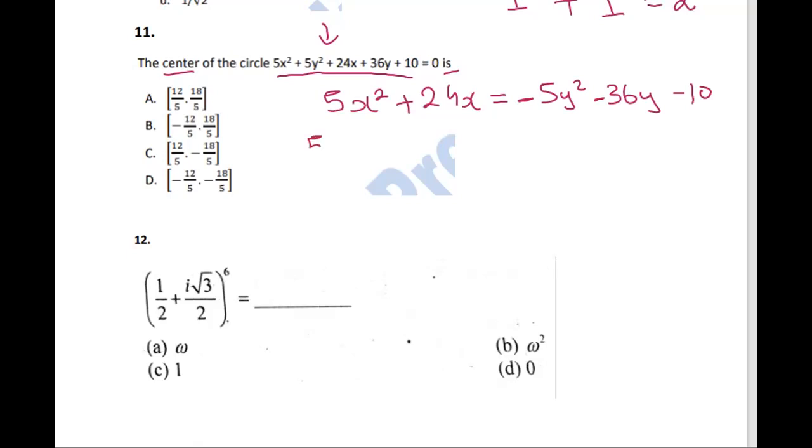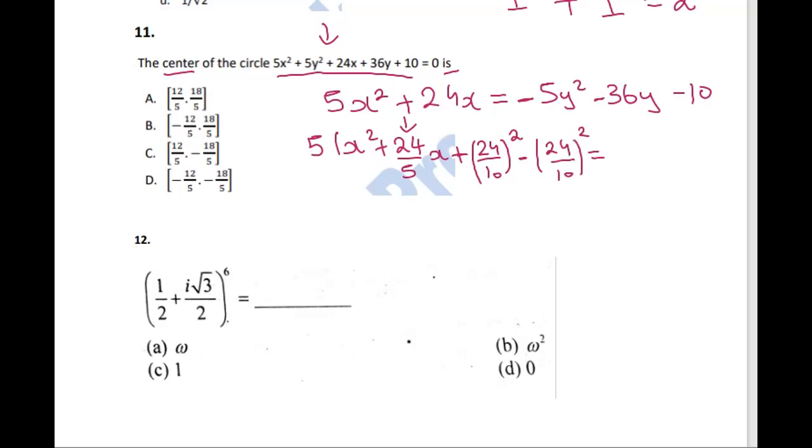I can take 5 common and I'll get x square plus 24 by 5. Now I need to complete the square. So this is basically 2ab, so b would be 24 by 10. In NET, you would not be allowed to use the calculator, so we will be doing it without a calculator.